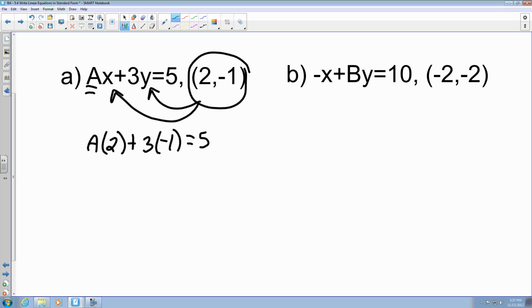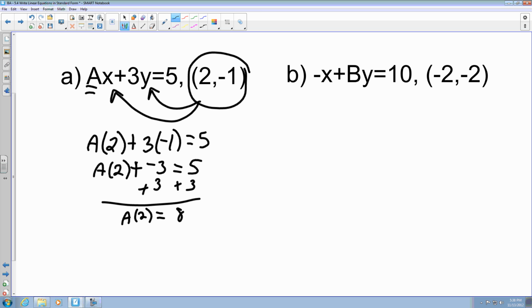So I still have A times 2, plus 3 times -1, which gives me -3, equals 5. Since that's a negative, I want to add 3 to both sides, which gives me A times 2 equals 8. Now I divide by 2, so A equals 4.